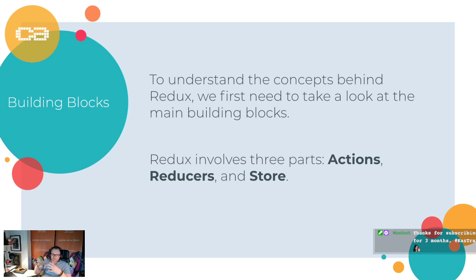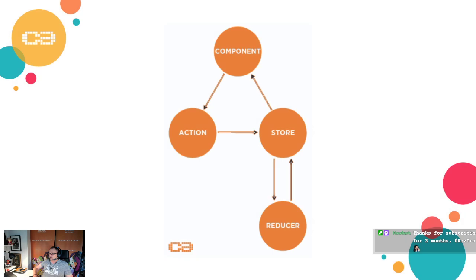The store being the central part of Redux, and actions and reducers being like helper methods that allow you to modify the store, although you don't modify the store, but update it one way or another by creating new objects. Actions, reducers, and store. And we try to explain this graphically because I know that a lot of people are more visual than verbal.